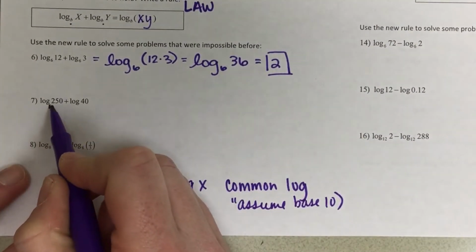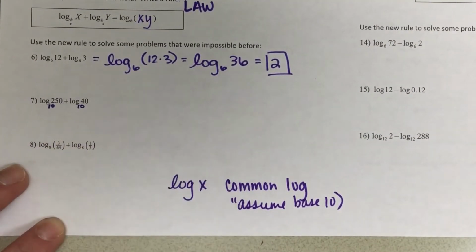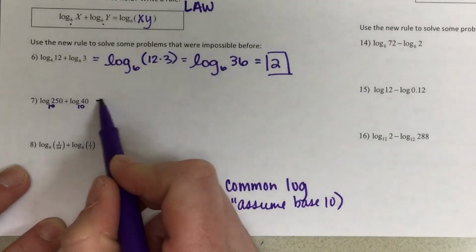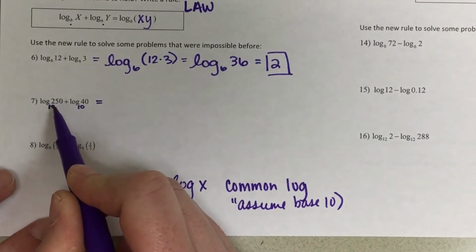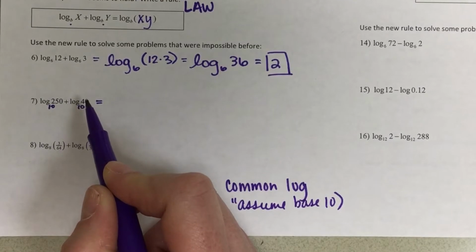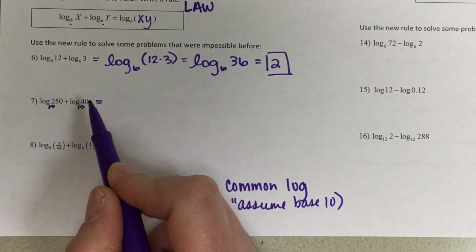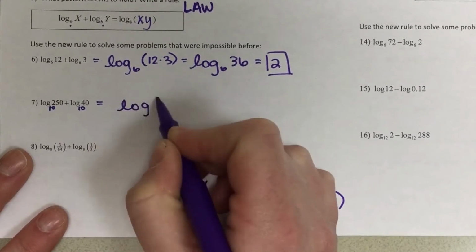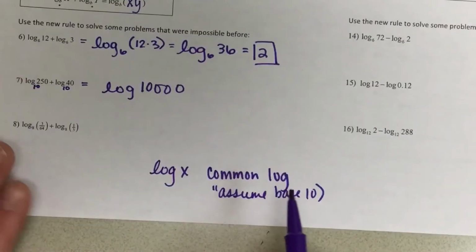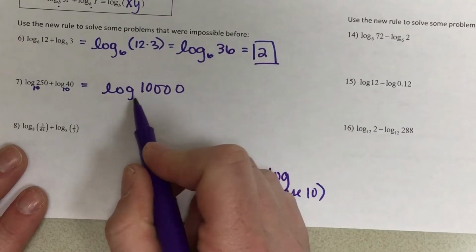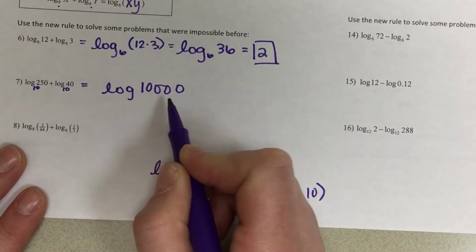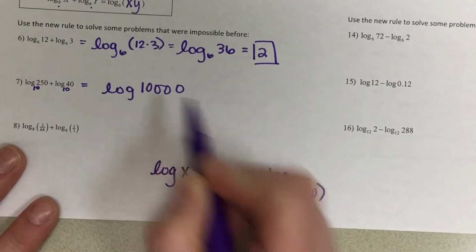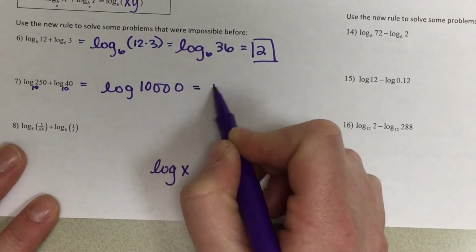So I won't ever write it in, but you could if you really wanted to. So these have the same base. If I have 250 times 40, that's going to give us log of 10,000. Well, remember we have the hidden 10 there, so 10 to what power gives you 10,000? That's going to be 4.